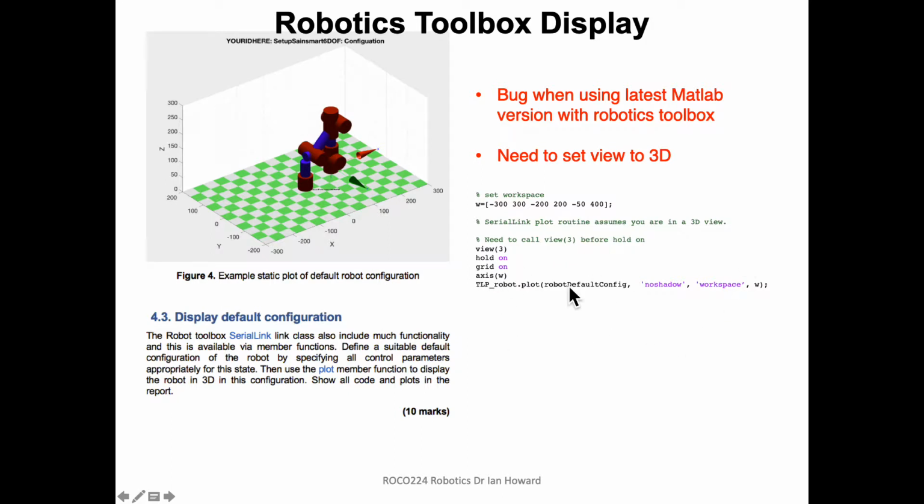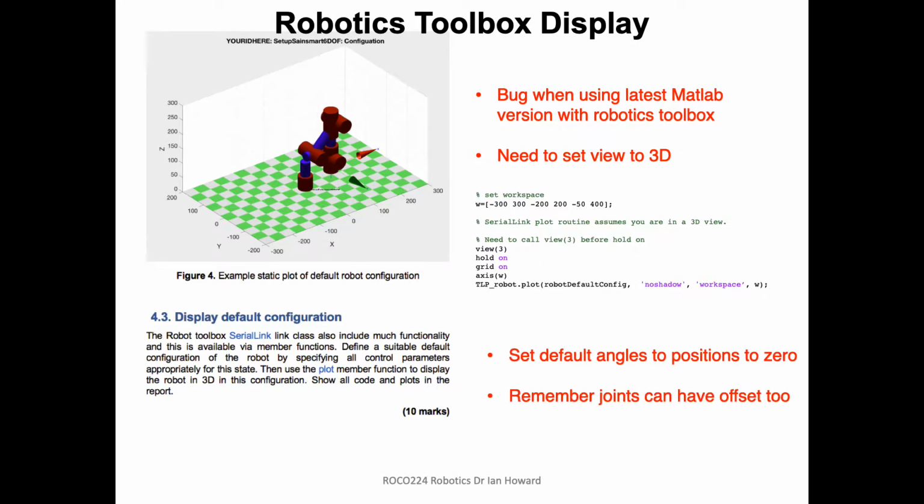And when you're doing the plot, you give it basically what you want the angles of the robot to be when it's plotted, and that's where you give it this array or this matrix, which gives it the default values. And these other options are also sometimes useful. If you don't do this view 3 thing, it generates horrible errors and it's very confusing, but I did manage to find on Google somebody who found the solution to it.